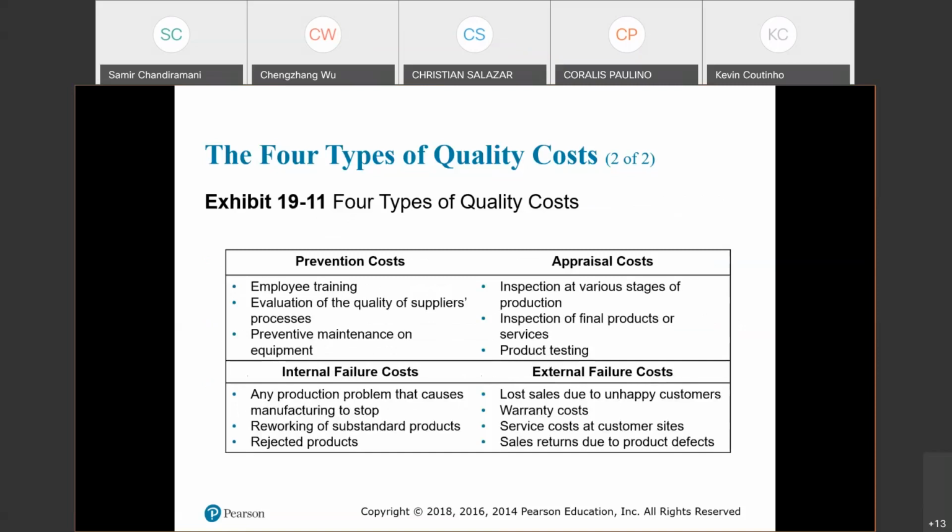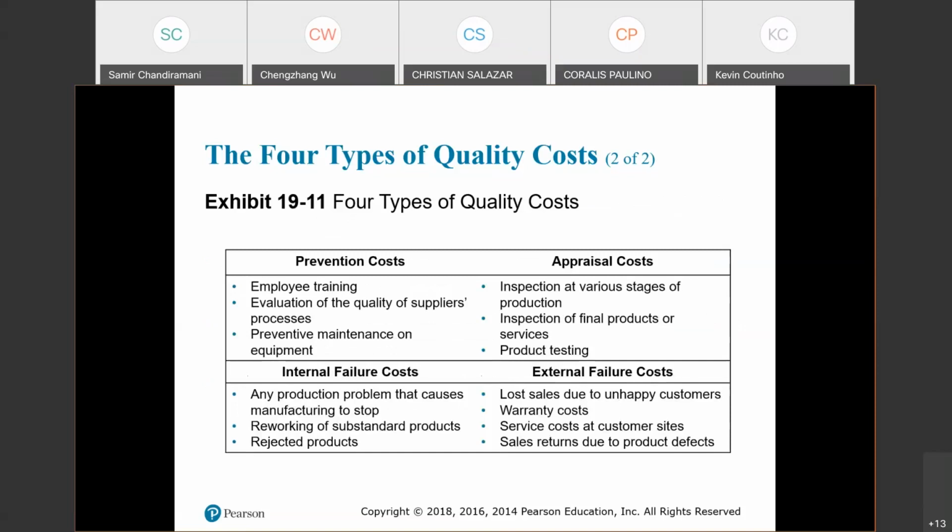Well, this slide gives some examples of the 4 types of quality costs. Most prevention, appraisal, and internal failure costs ultimately become part of the cost of finished products.